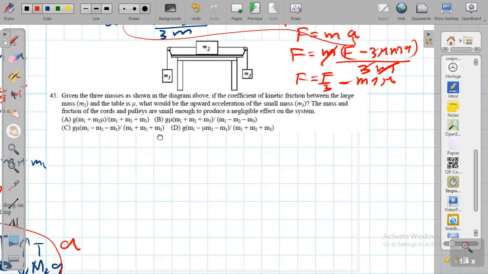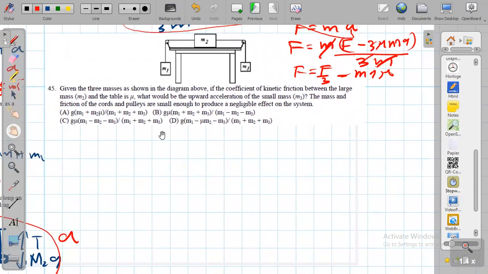Given three masses as shown in the diagram above, if the coefficient of kinetic friction between the large mass m2 and the table is mu, what would be the upward acceleration of the small mass m3? Okay.